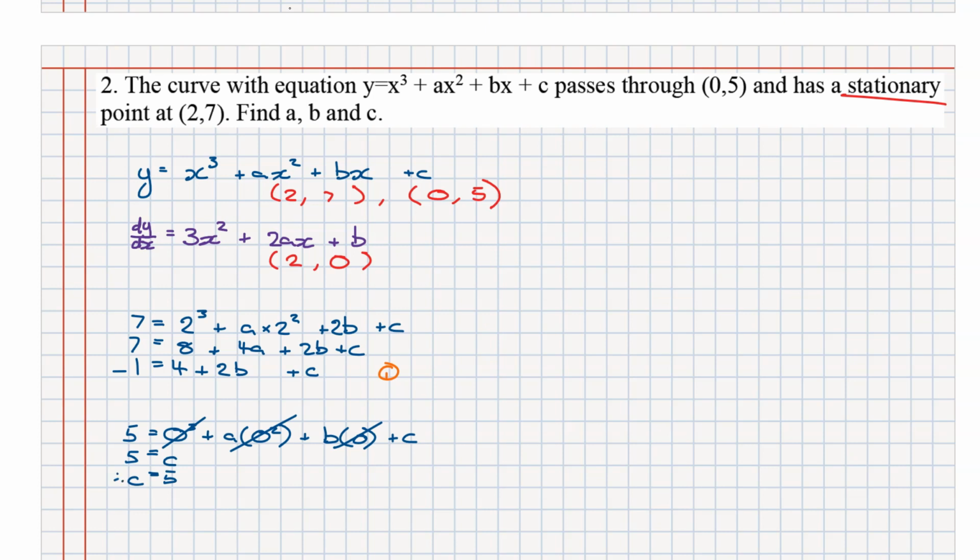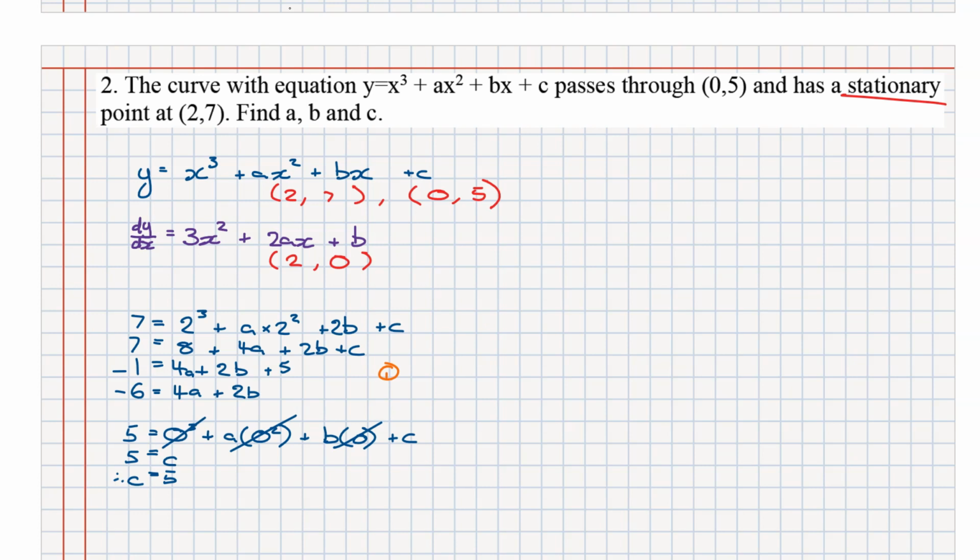So going back to equation 1, we're going to get minus 1 equals 4a plus 2b plus 5, and therefore negative 6 equals 4a plus 2b, like so. So we've already found the value of one of the unknowns, and we've got one equation with 2 unknowns. Alright, awesome.